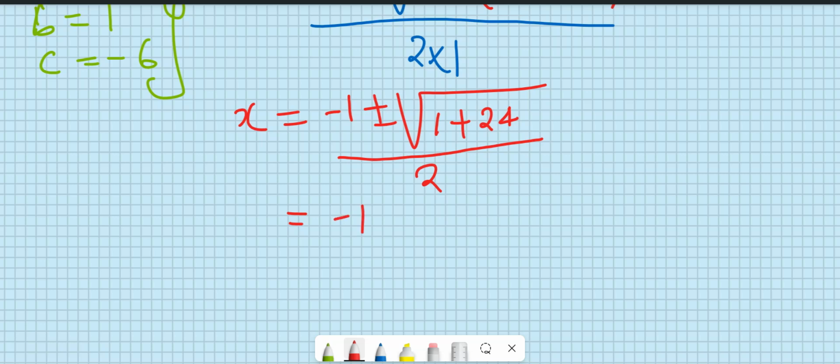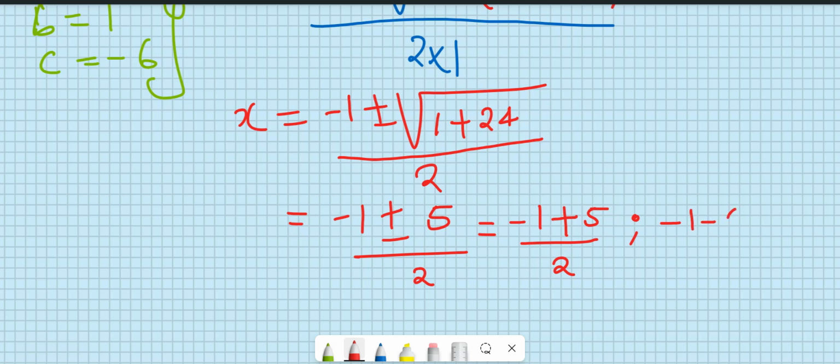Negative 1 plus or minus the square root of 1 plus 24, which is 25. The square root of 25 is 5, divided by 2. Which means our first x will be negative 1 plus 5 over 2, and our second x will be negative 1 minus 5 over 2.